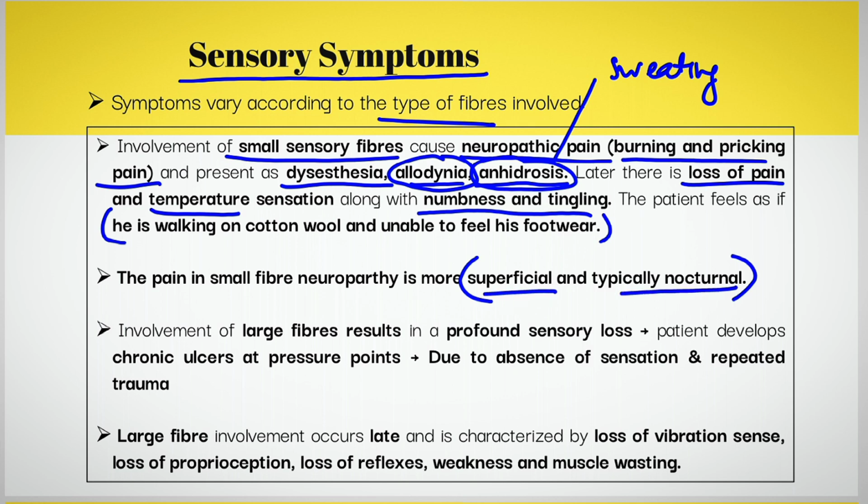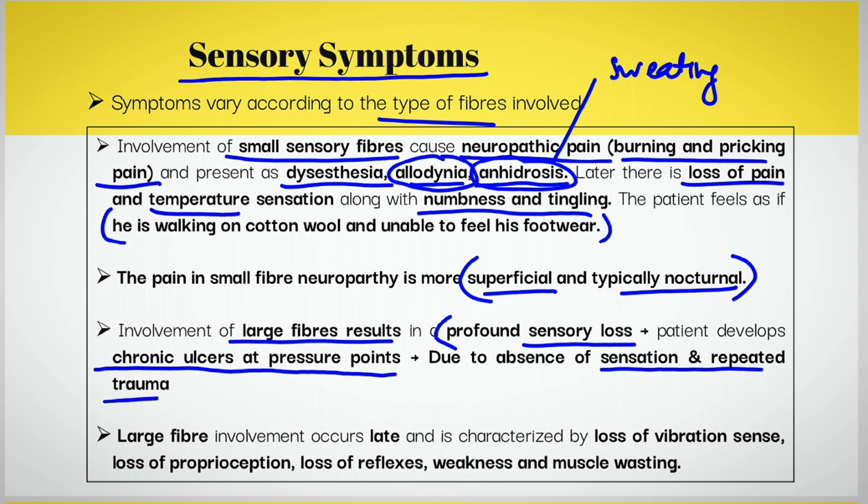However, when there is involvement of the large fibers, there will be profound sensory loss in the person and the person will develop chronic ulcers, usually at pressure points, due to the absence of sensation and repeated trauma.